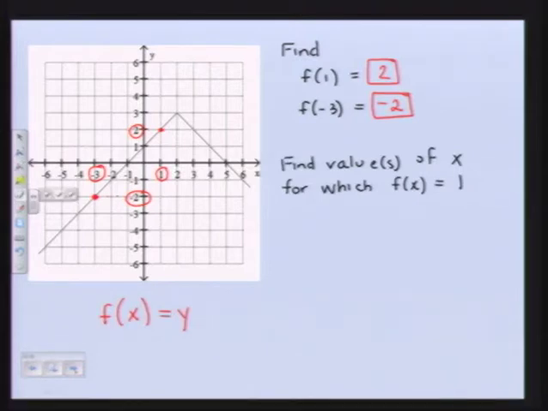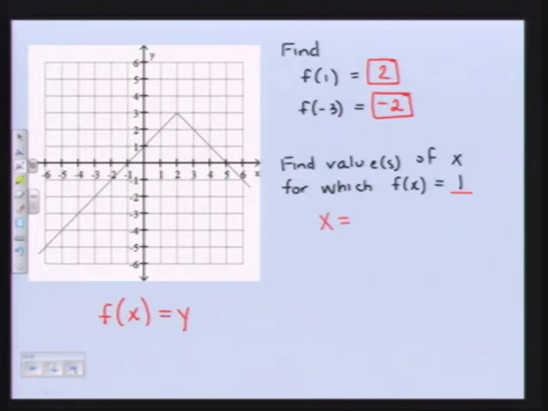All right, so let me clear this out. Clean up some space. Now we want to find the value or values of x for which f of x equals 1. So in this case, they've given us the y value of 1, and they want us to find the x value or values that correspond to that.